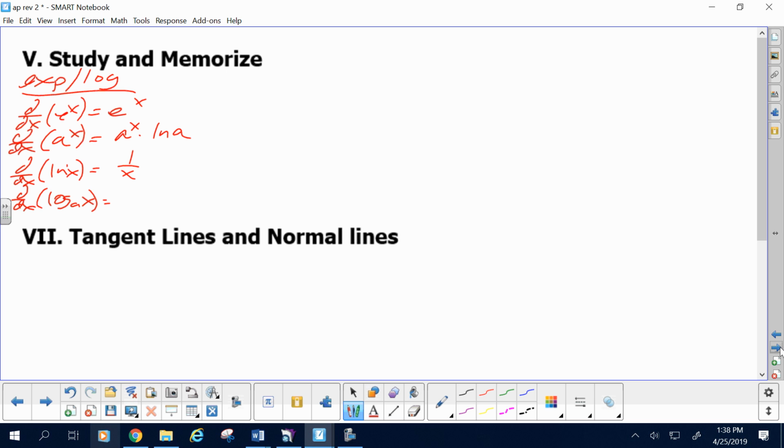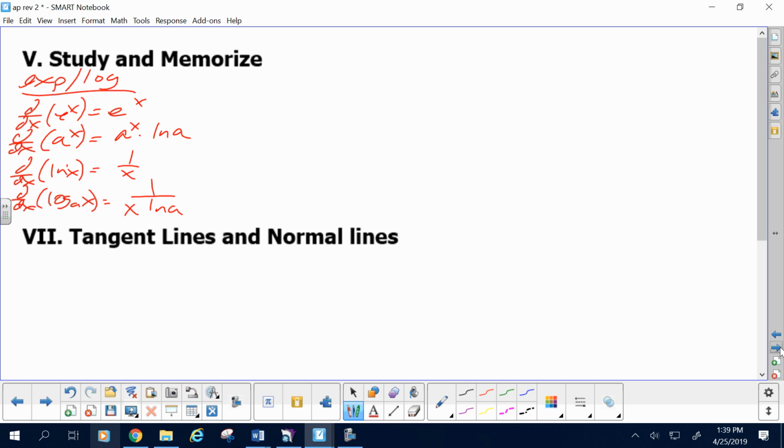Same deal. If you didn't remember it, you could always rearrange it: a to the y equals x. Take the natural log of both sides, bring down the y, and get there eventually. y is the log of x over the log of a. Take the derivative now. What is it? 1 over x natural log of a.